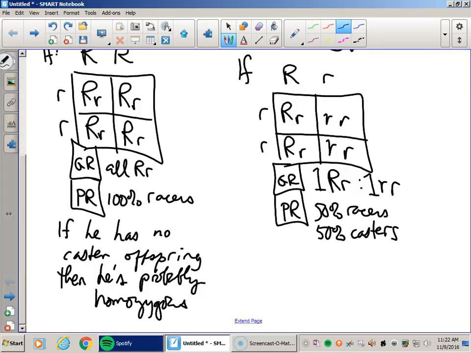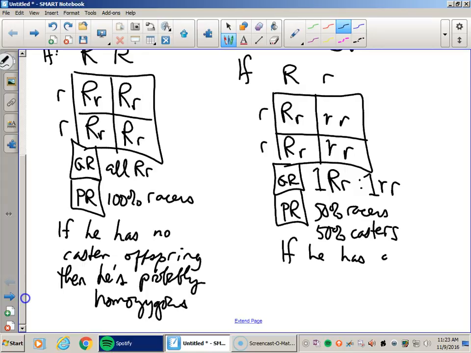Again, probably, because he could pump out all racers, right? It could happen. In this case, if he has no caster offspring, yeah, he's homozygous. Okay? In this case, if he's heterozygous, he could have all racers, but it's not likely.